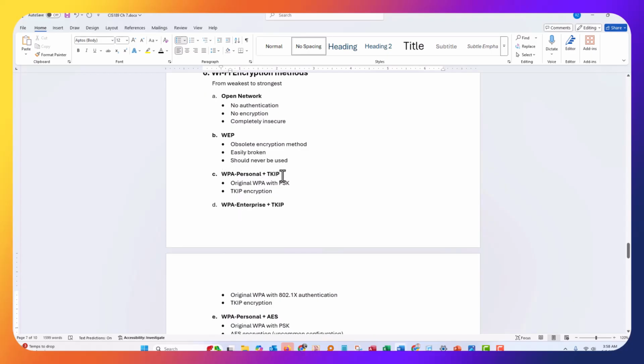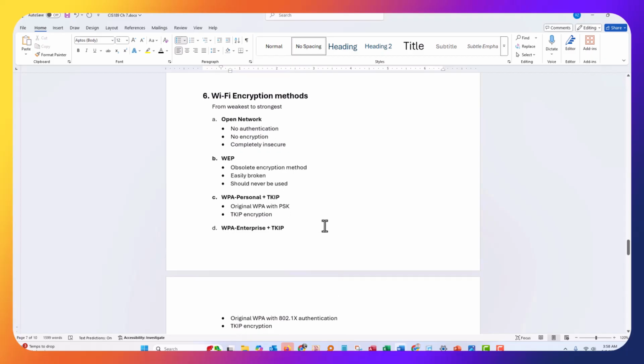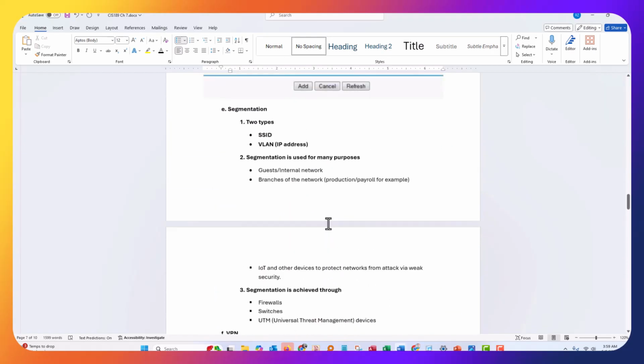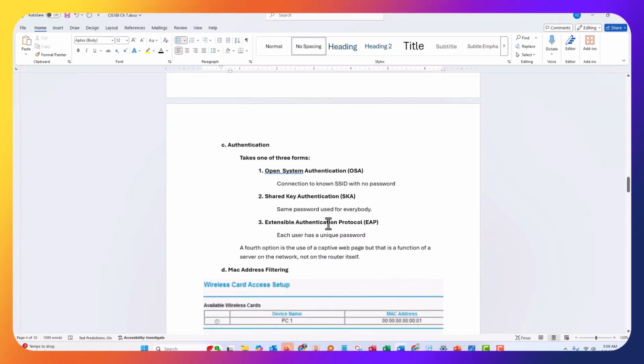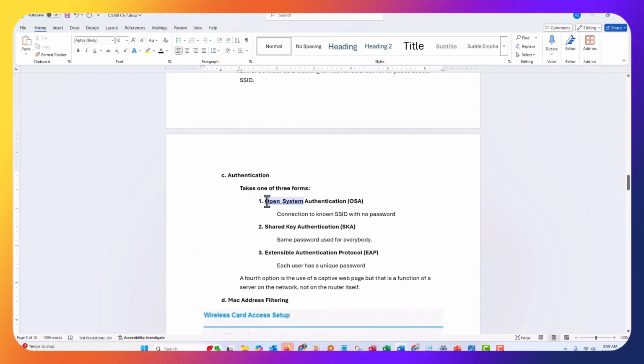What's the difference between WPA Personal and WPA Enterprise? Well, if you go way back to, I believe it was around page 7 or so, we introduced these ideas: open system authentication, shared key authentication, and extensible authentication protocol.